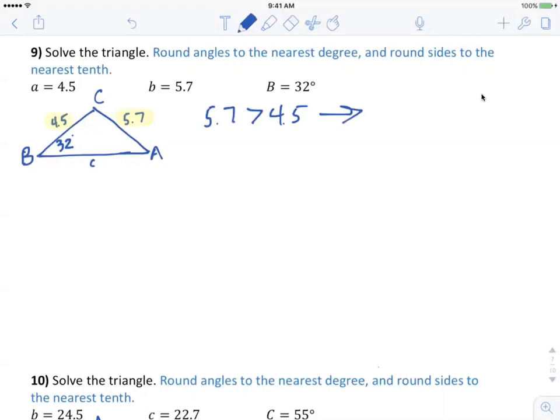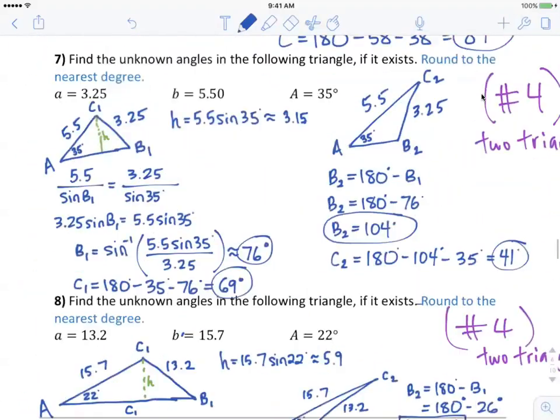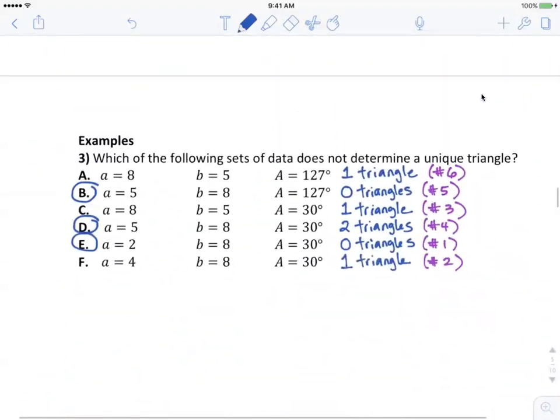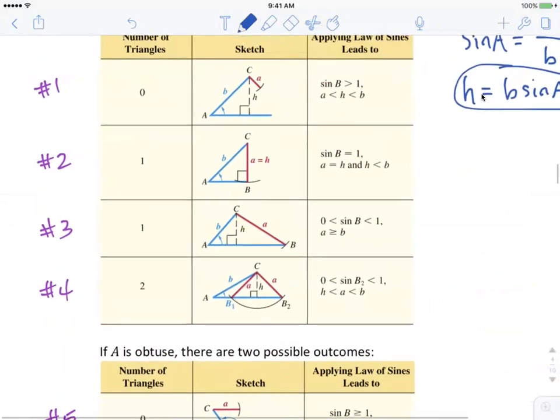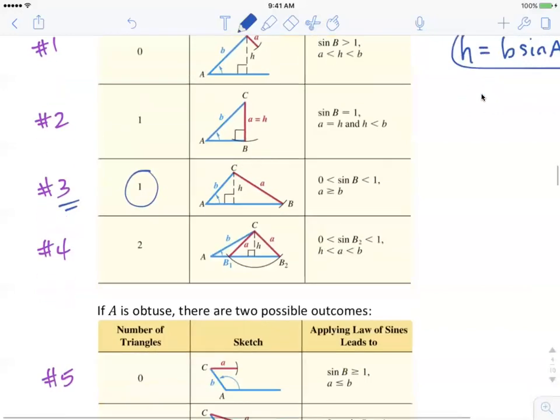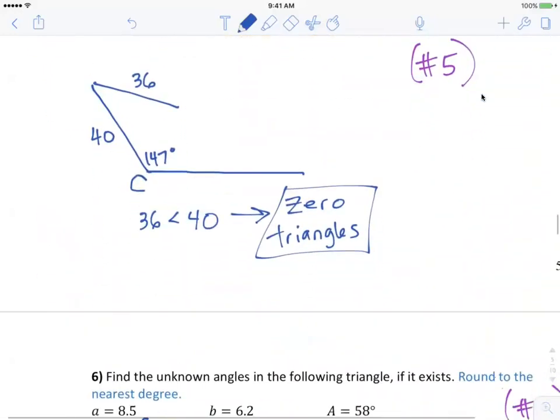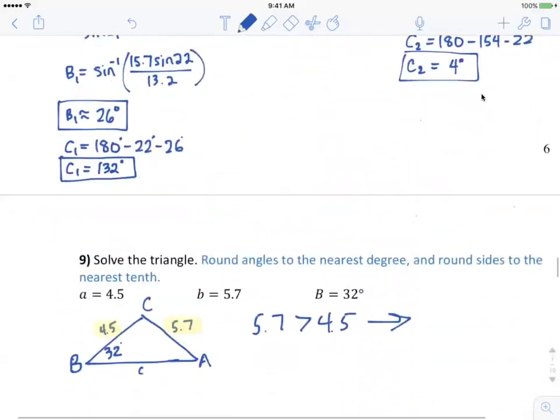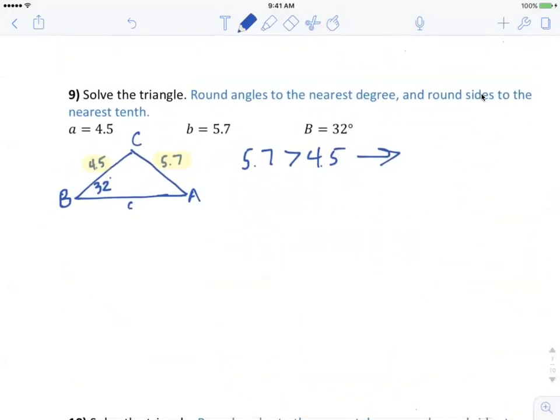So that means, if you go back to those, it's this one here. I labeled it recently number 3, right? So I have that side that's bigger. Okay, so that means there's only one possible triangle, which is good news. I'm only going to have one solution. So one triangle. Okay.